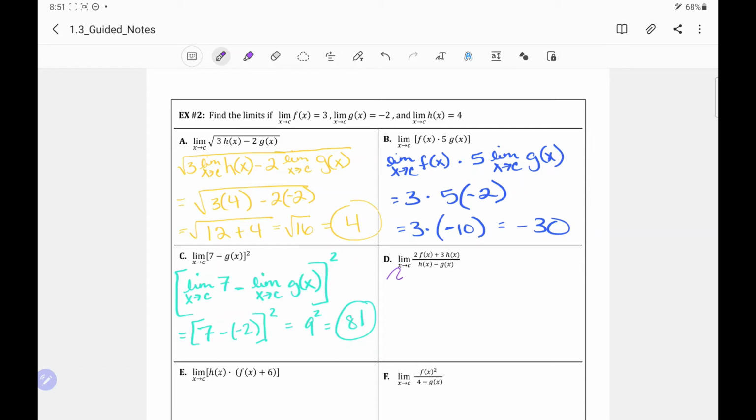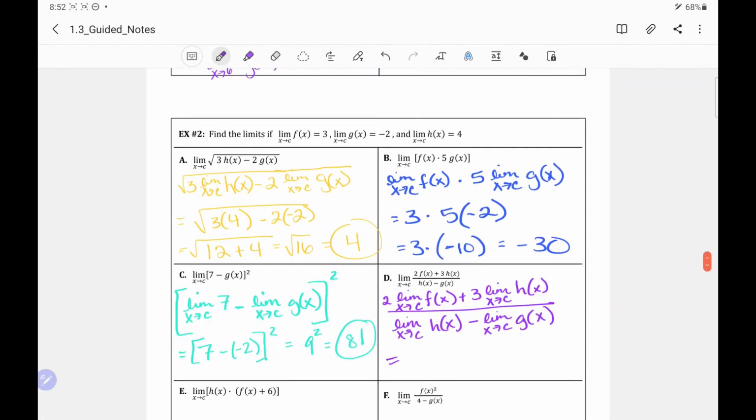So I'm going to have on top 2 times the limit as x goes to c of f of x plus 3 times the limit as x goes to c of h of x, all over the limit as x goes to c of h of x minus the limit as x goes to c of g of x. All of this.